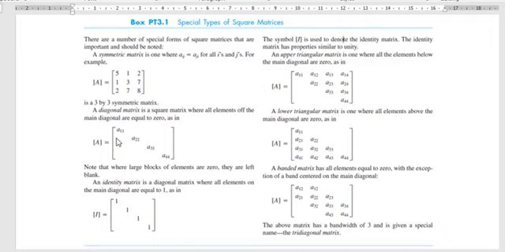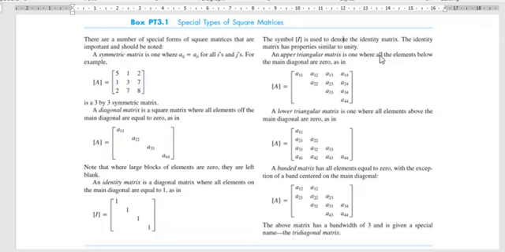So the elements here are 0. An identity matrix is a diagonal matrix where all elements on the main diagonal are equal to 1, as in this matrix. The symbol I is used to denote the identity matrix. The identity matrix has properties similar to unity.